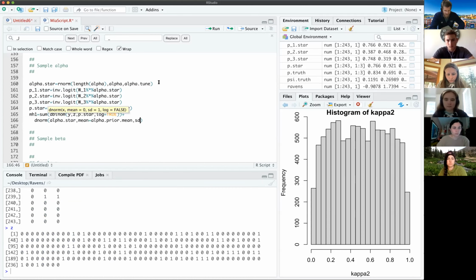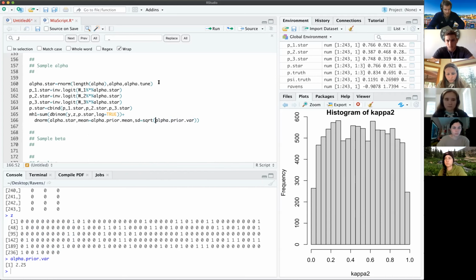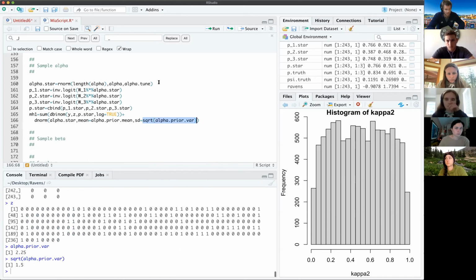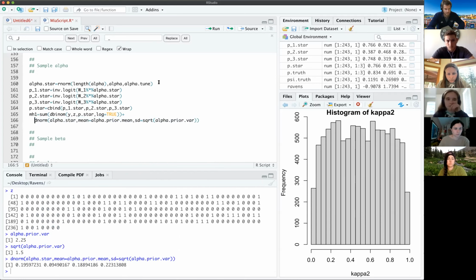And then the standard deviation is square root of, which should be 1.5. Okay, 1.5. All right, we have a few alphas here, so we're gonna have to sum these up too. And that's our MH1.